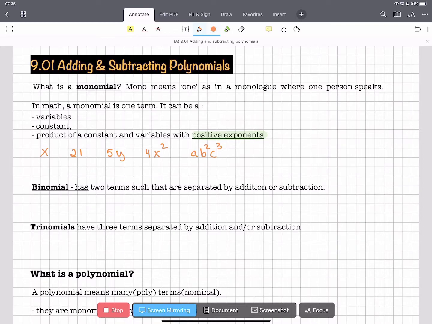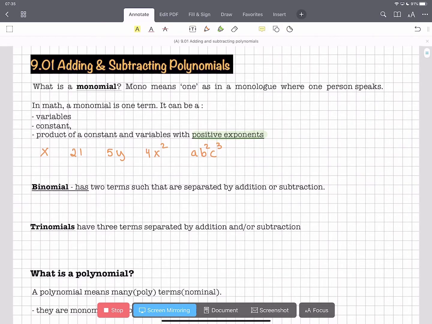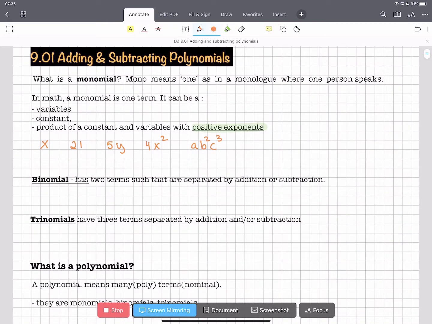The second type of polynomial is a binomial. And a binomial is just two monomials that are separated by addition or subtraction. Bi meaning two. So we could have something like x plus 9. That's a binomial. It's made up of a variable and a constant, separated by addition.